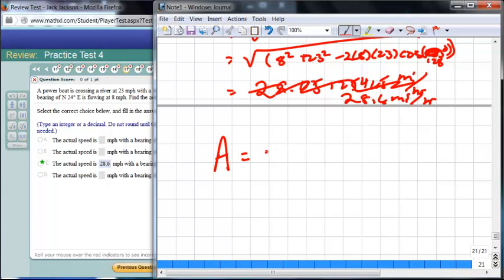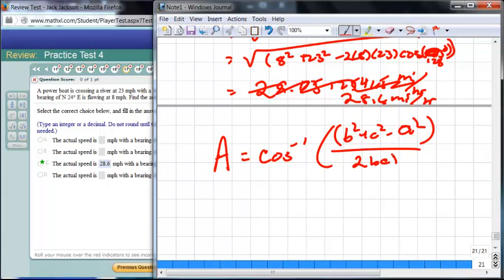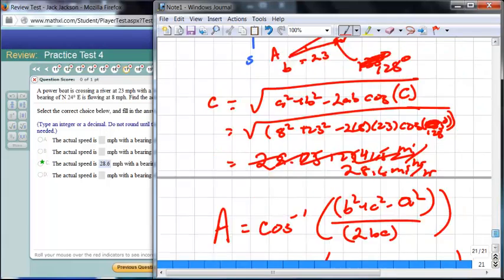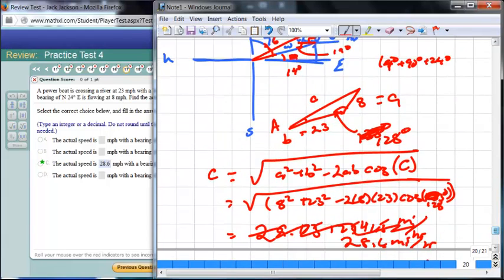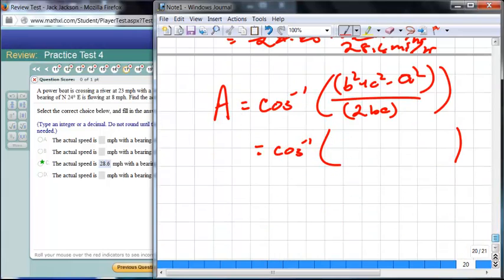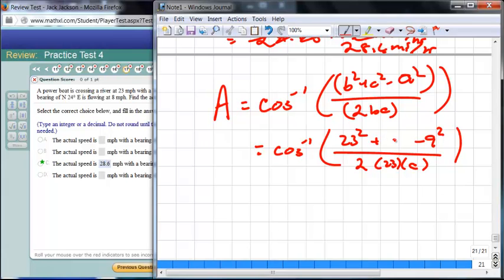We know A is the inverse cosine of B squared plus C squared minus A squared over 2BC. So that's the inverse cosine of B is 23, A is 8, and C is my previous answer, the 28 point whatever.